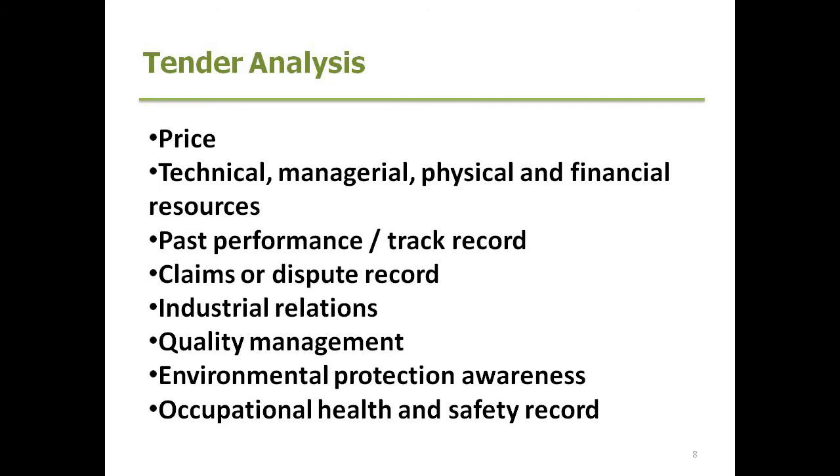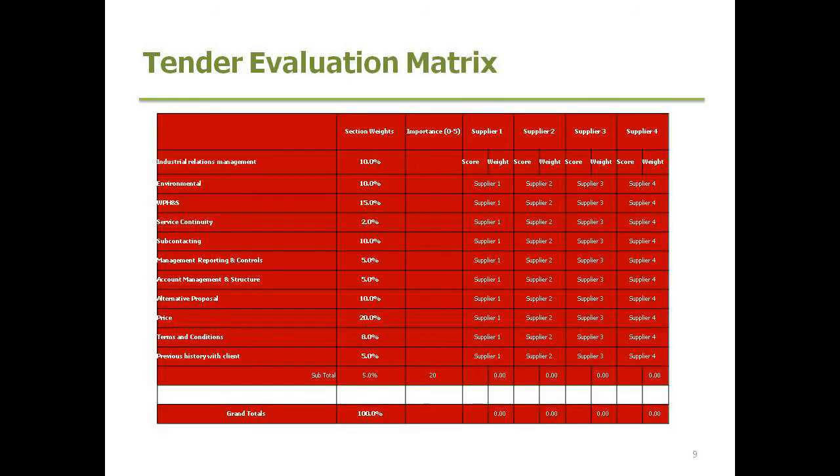My tip on this is to build a simple tender evaluation matrix in Excel. And it's not usually the same for each project, but some of these will rate higher and lower from project to project. So a simple tender evaluation matrix in Excel might look something like this, and I think the most important issue here is the section, the weighting of each of those.